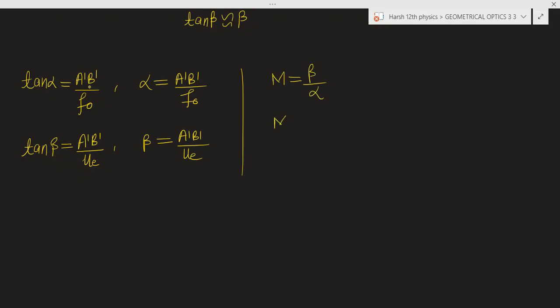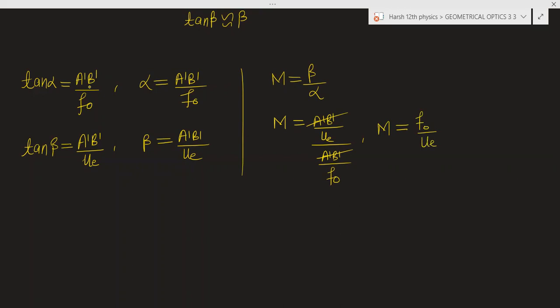So beta is A dash B dash divided by UE, divided by alpha, which is A dash B dash divided by FO. Now A dash B dash will cancel out. Magnifying power of the telescope will be FO divided by UE.